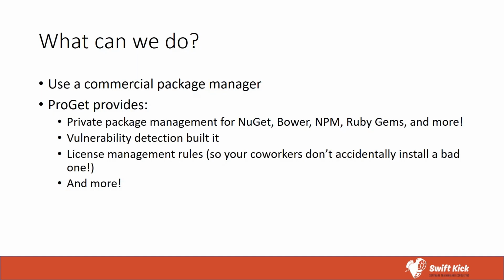ProGet will. ProGet will hide packages or at least warn against packages that don't meet your license criteria. So if I tell my developers don't install the BSD plus patents license, and someone says, oh, well, this is a great application for React, ProGet won't let us even install the package because it doesn't meet our license requirements.